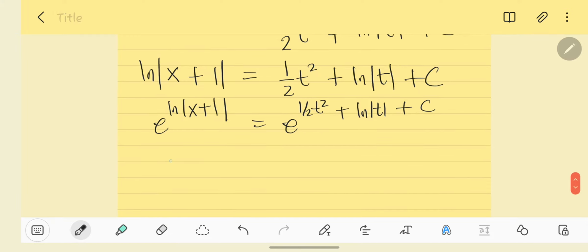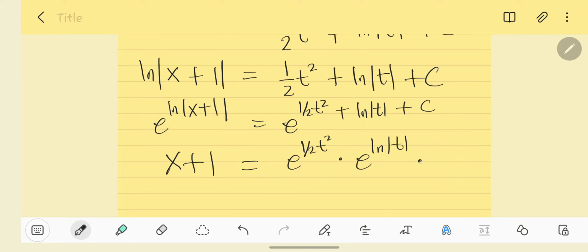So the equation now, x plus 1 is equal to e to the 1/2 t squared times e to the ln t times e to the c.